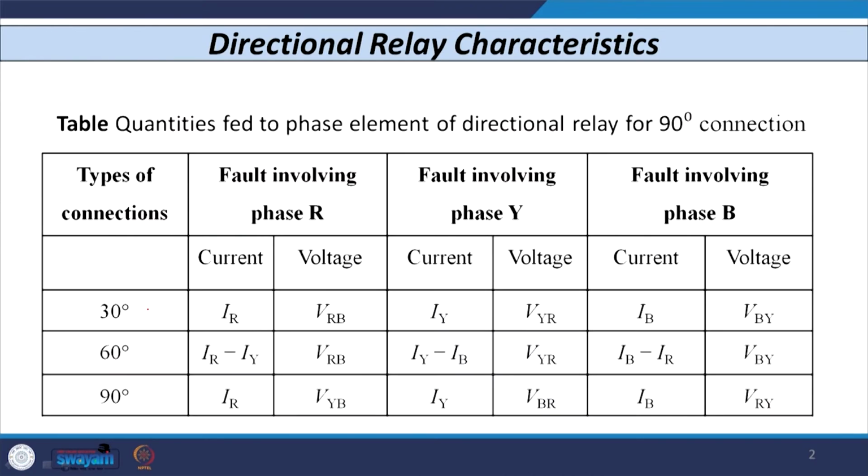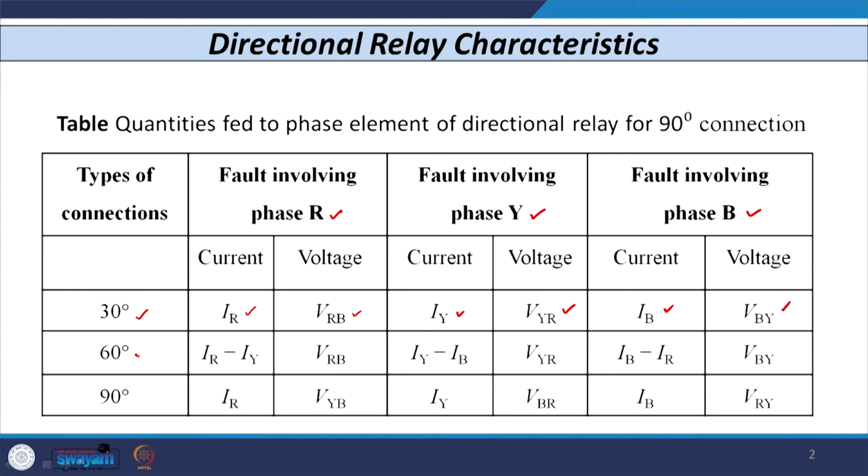For different conditions like 30 degree, 60 degree and 90 degree, for each phase, that is R phase, Y phase and B phase, we have to give the current and voltage as input to the directional relay. So, if I use the 30 degree connection, then for R phase I have to give IR current, and for the voltage we have to give VRB.